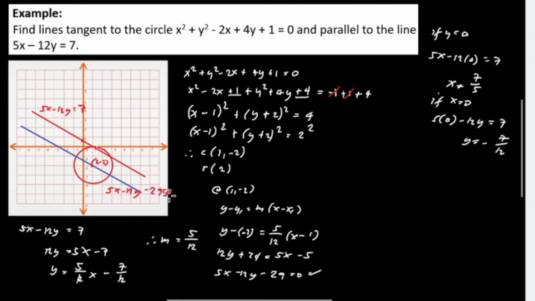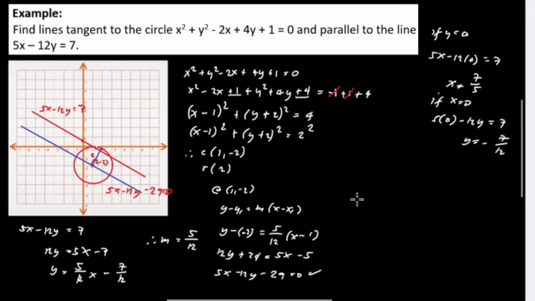And how do we find the tangent lines from the center up to this point? This is the radius, and this point is perpendicular to the lines, and the radius is equal to 2.